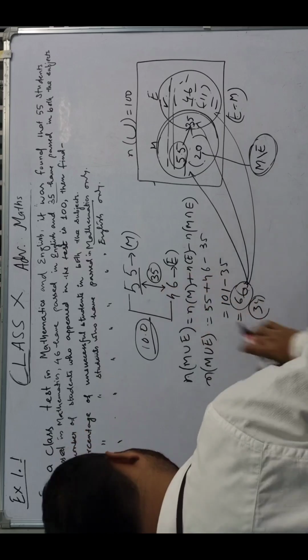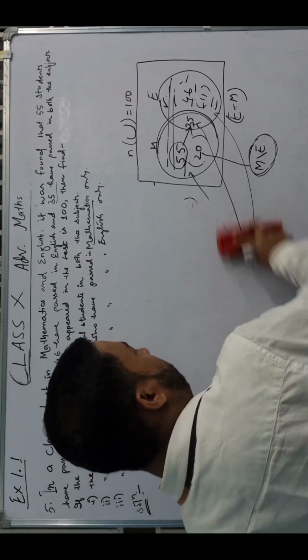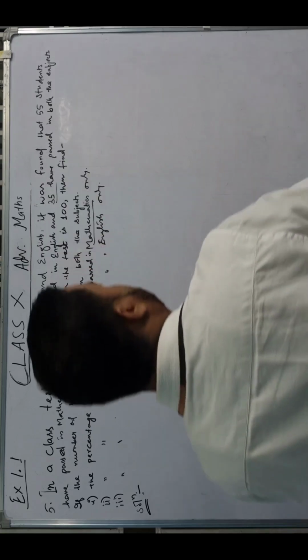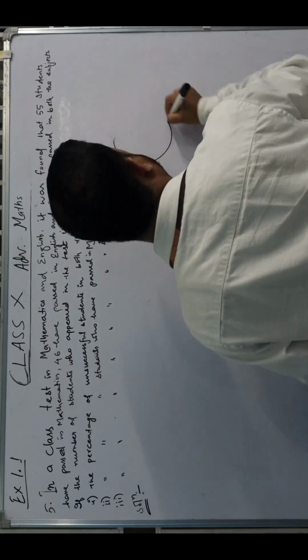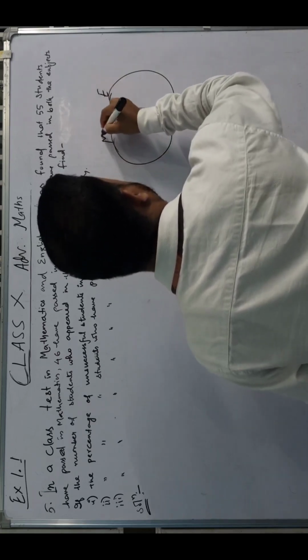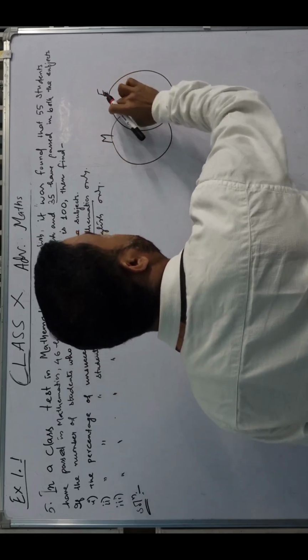Now, how to write this question? How to write the solution? There should be a definite way. You have to draw the diagram. This is the set M, this is the set E. What is M representing? What is E representing?